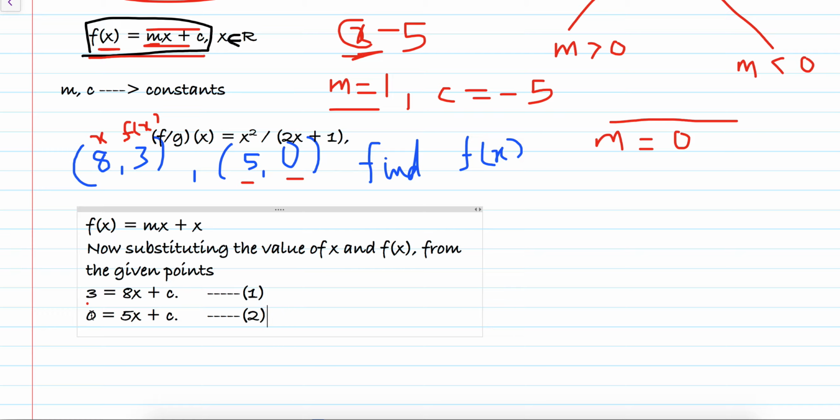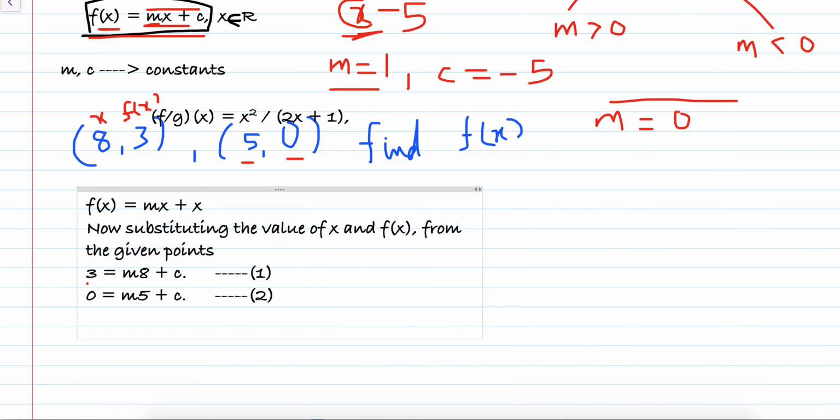Now we have two variables m and c, here for x we are putting 8 and 5. So we have two variables and two equations. So from equation 2, 5m plus c is equal to 0, or we can subtract equation 2 from equation 1.